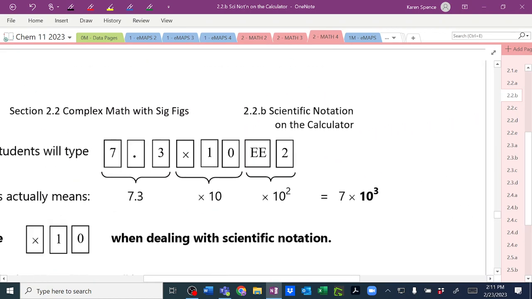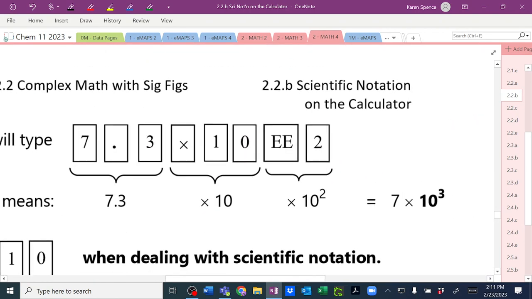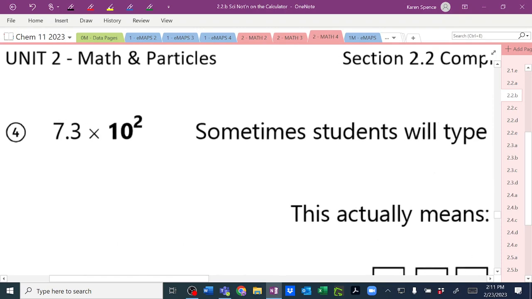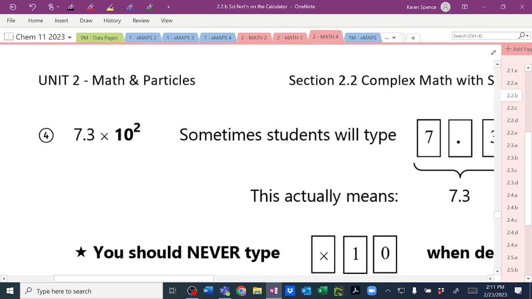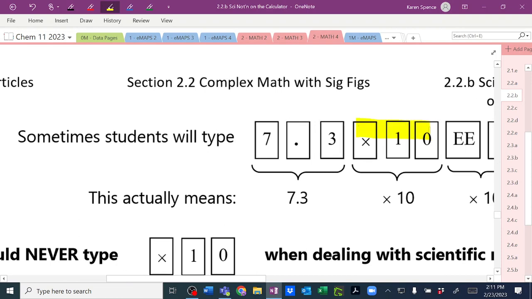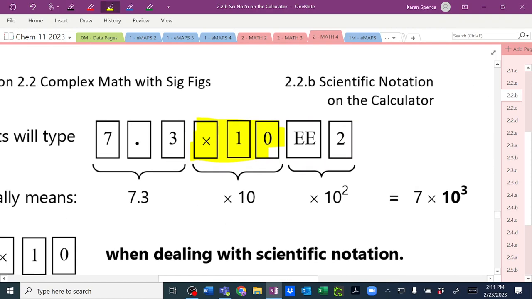Now, one thing I want you to watch out for, sometimes people get excited and they're like, I'm going to type times 10 and use the EE button, right? So if I wanted to type 7.3 times 10 to the 2, sometimes people will type 7.3 times 10, and then EE or EXP or times 10 to the x, 2.